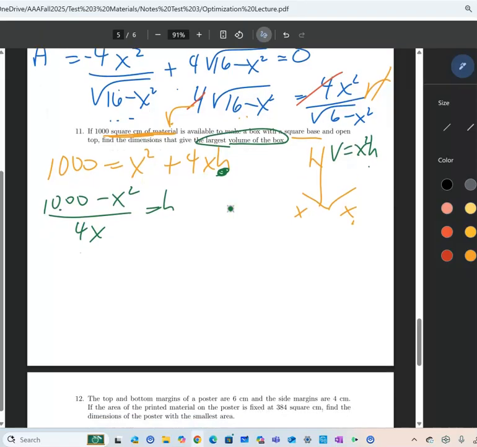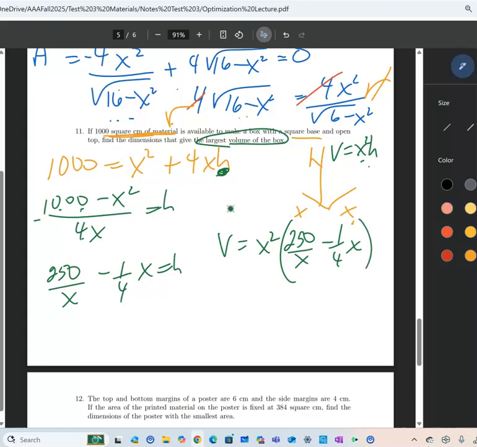So you know that this 1,000 over 4 is 250 over x minus 1/4 x, right? That would be my h. So I'm going to plug it into here. So I get volume is x squared times 250 over x minus 1/4 x.